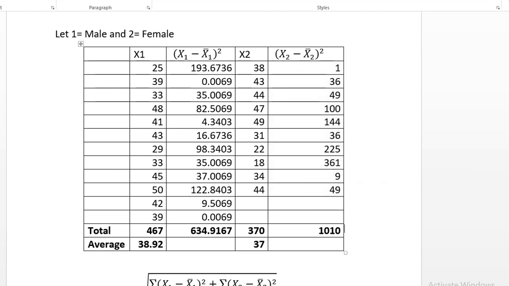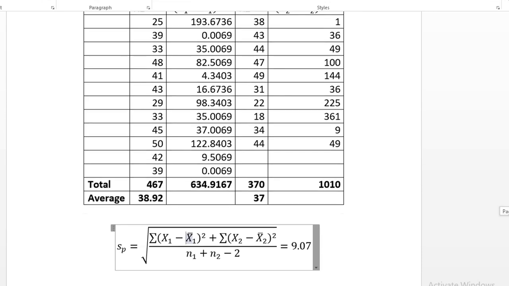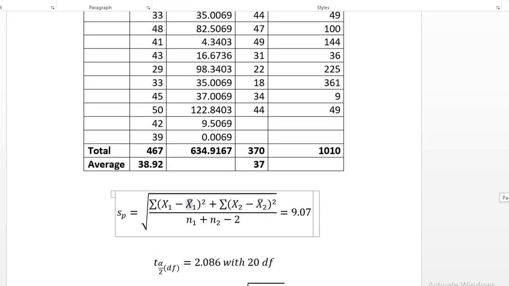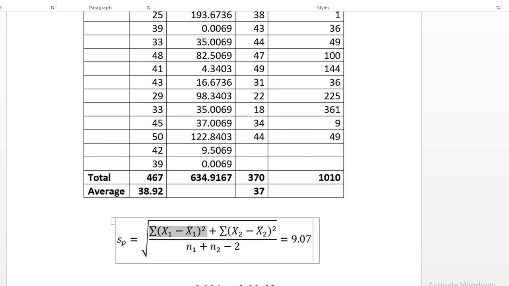Now I am using this formula in terms of the sum of squared deviations, because for this exercise it is easy to calculate the sum of squared deviations. So I have to take the sum of this column. What is the sum of (x1 minus x̄1) whole squared?